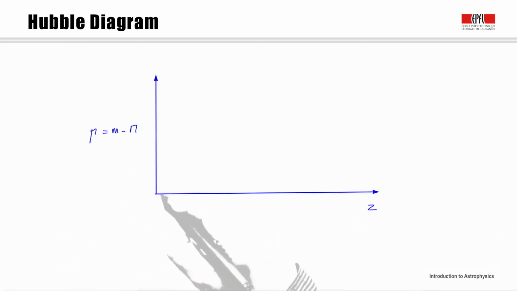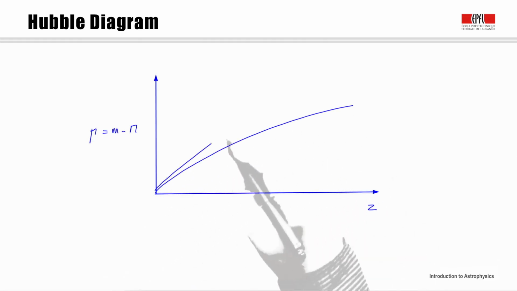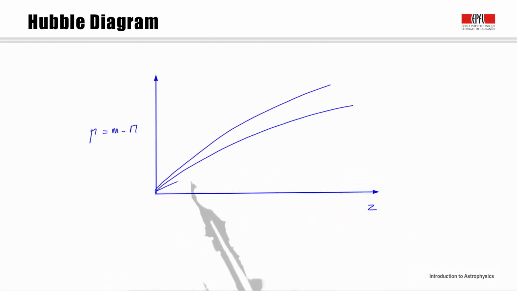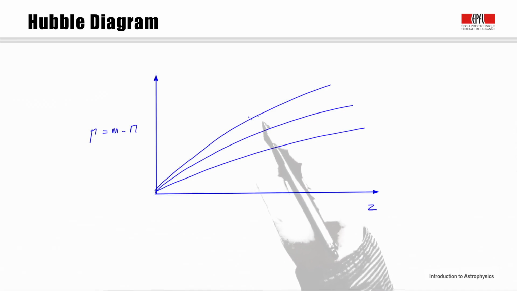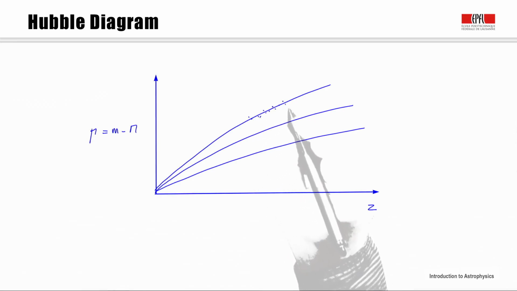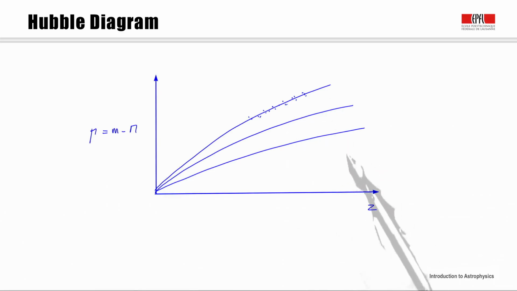Now we, of course, have theoretical predictions. I draw like this. Theoretical models which link the redshift to the distance modulus. Then, we have to take sufficiently precise observational points to be able to discriminate between the different cosmological models.